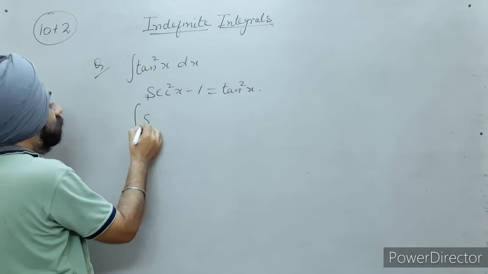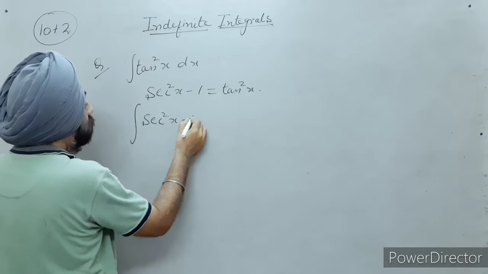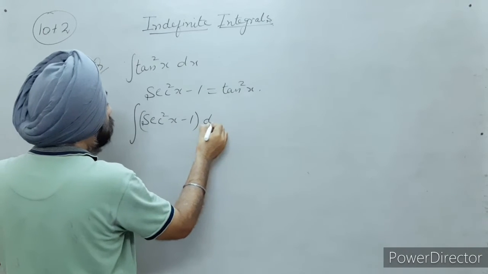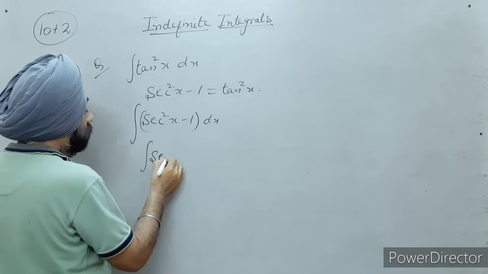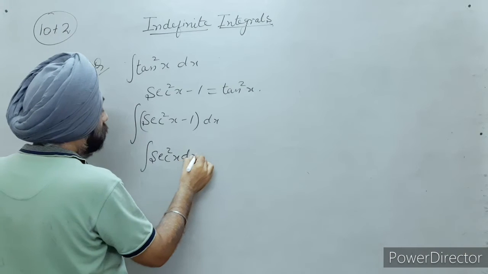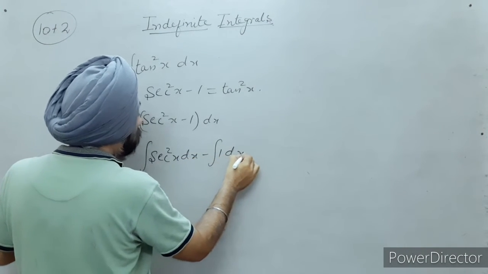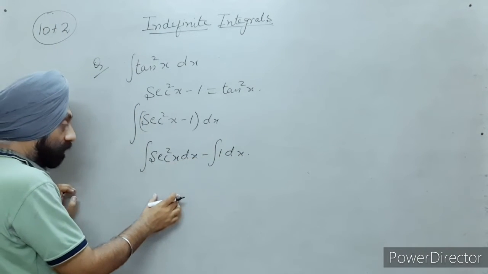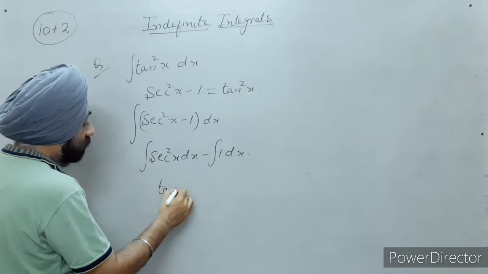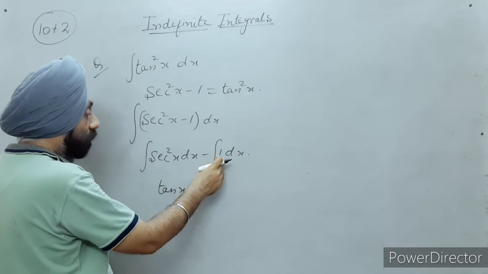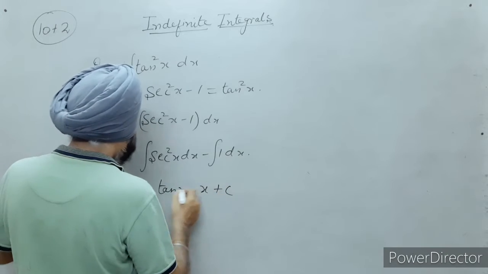What will happen? In place of this, I will write secant square x minus 1 dx, integral of secant square x dx minus 1 dx. So what is the integral of secant square x? Tan x, minus what is the integral of 1? That is x plus c.